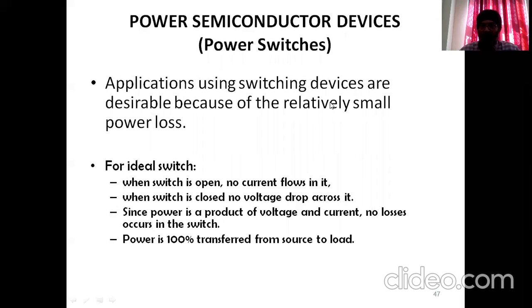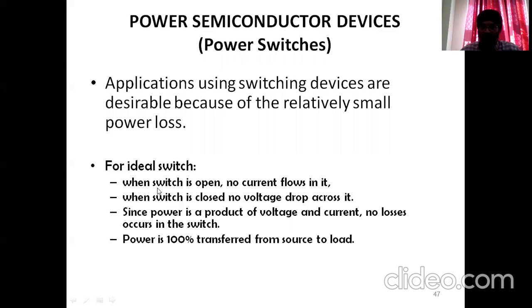We know that we are using these semiconductor devices as switches in power electronics because of the small power loss, and if we have a small power loss, we can have improvement in efficiency. So just by using semiconductor devices, we can increase the efficiency of the power electronic circuit.